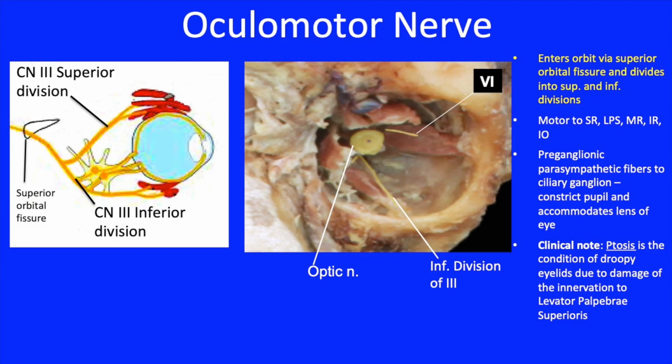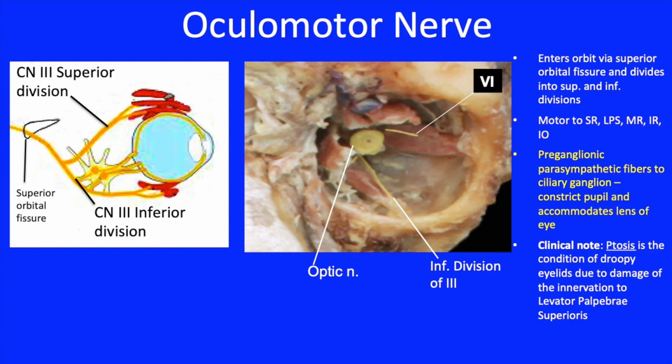Next, we move to the oculomotor nerve shown here in the drawing, entering the orbit through the superior orbital fissure and splitting into a superior and inferior division. The details that you need to know for this nerve are listed in the slide. It is motor to 5 muscles.